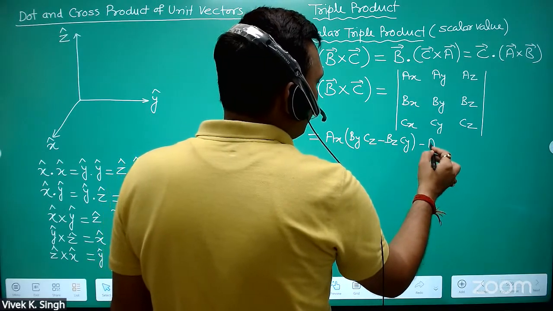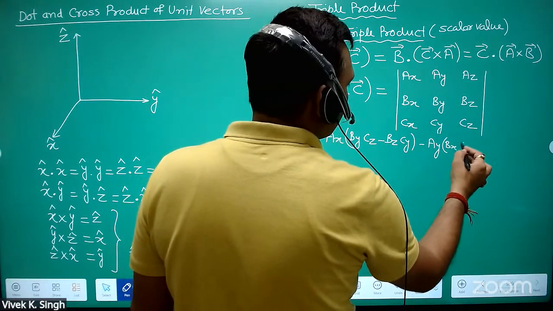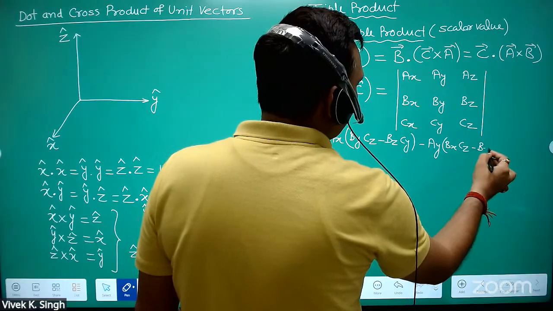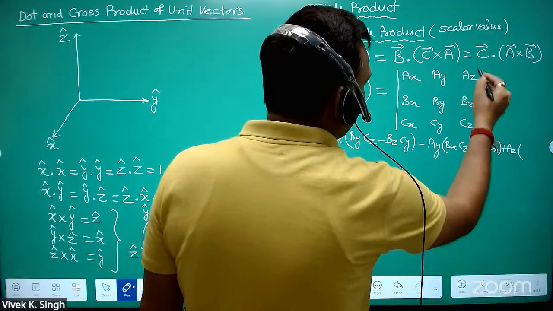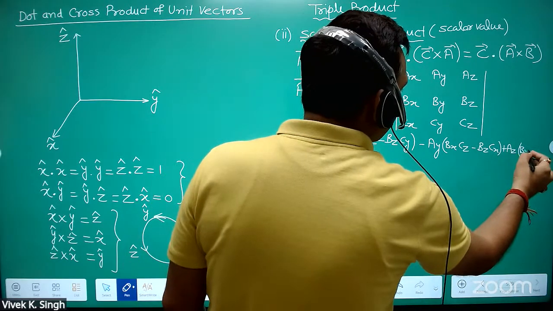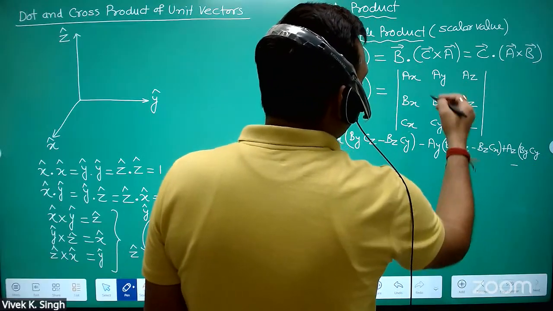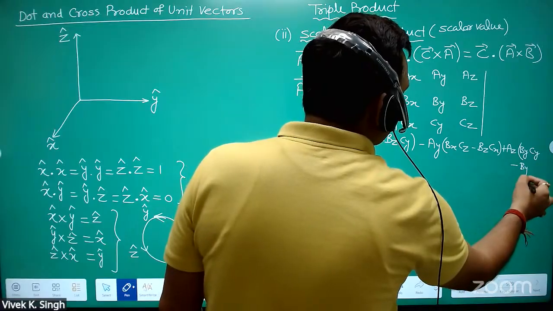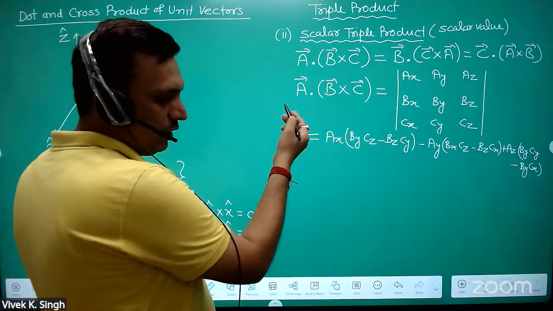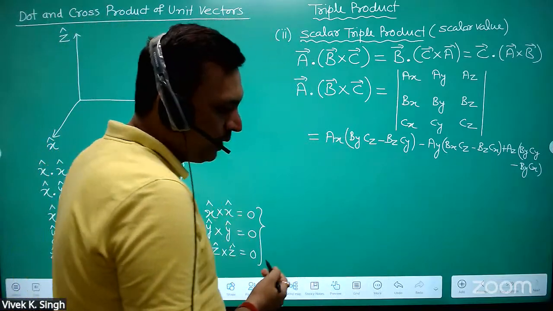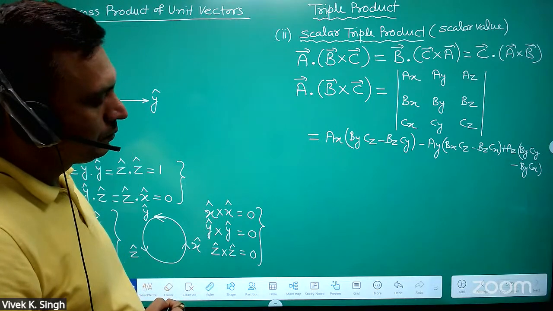Then I am taking minus sign, minus AY times BXCZ minus BZCX, and then plus AZ times BXCY minus BYCX. So you can easily expand A dot B cross C to get the numerical value. Is it clear? Yes, sir.